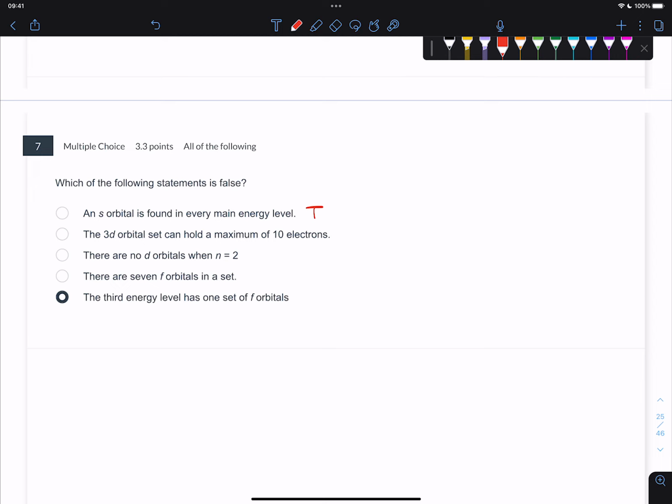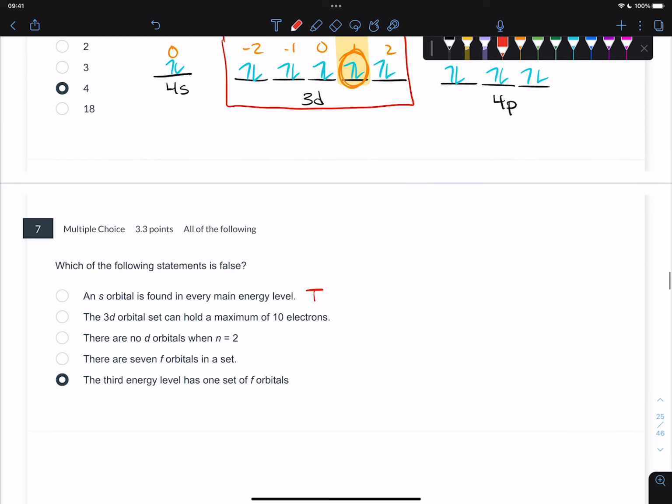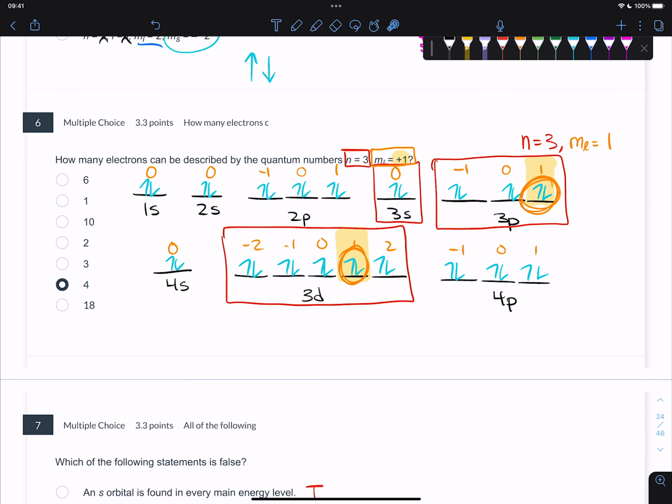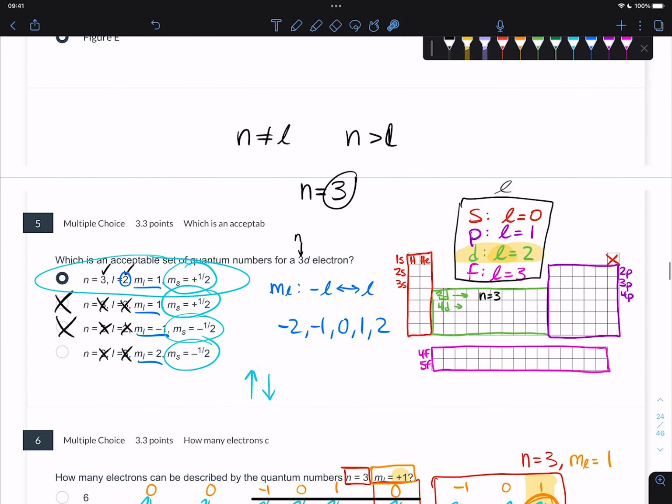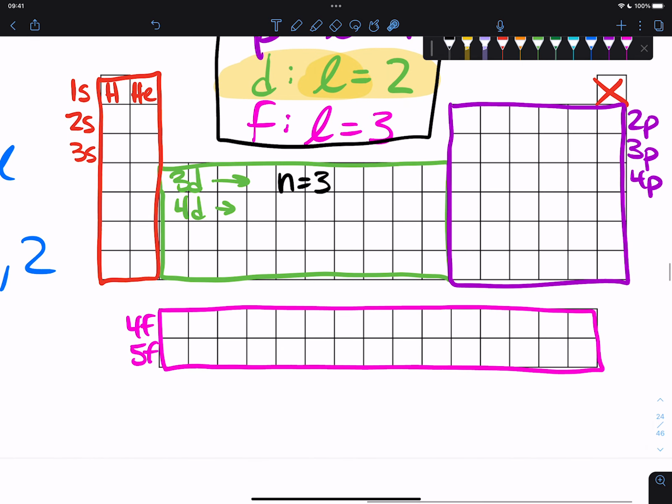The second one, the 3d orbital set can hold a maximum of 10 electrons. Here's how you can verify that. First of all, if you prefer, you can sketch out your orbital diagram. Realize that 3d, 4d, 5d, all the d's will have 5 lines, but each line can hold 2 electrons. So 5 times 2 is 10. You can also look at the periodic table and just count how wide the d block is.